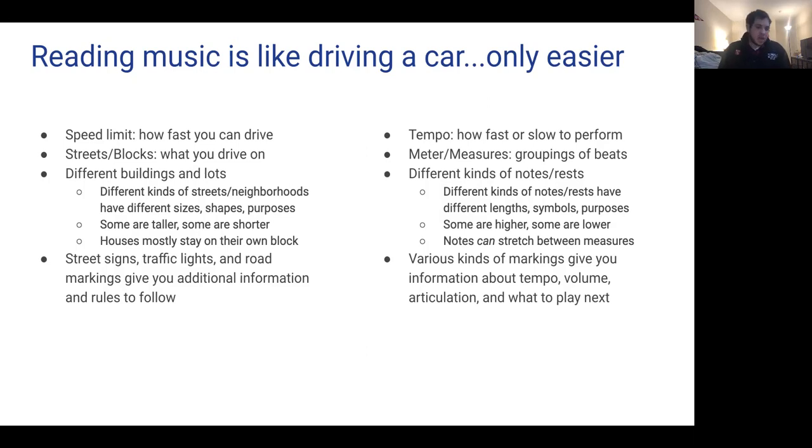Finally, street signs, traffic lights, and road markings give you additional information and rules to follow. And just like that, in music, there are various kinds of markings that give you information about tempo, volume, articulation, which is how you play, and what to play next.